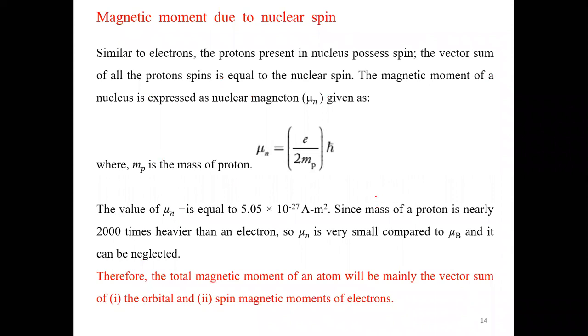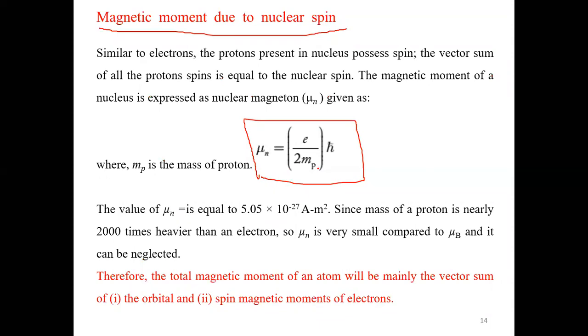Okay, so now the magnetic moment due to the nuclear spin. As I have said, the nucleus contains protons, so due to that it has some moment as well. If you calculate the magnetic moment of the proton, or of the nucleus, it will be the same thing, e h cut by twice m, but in this case it will be the mass of the proton. And you know the mass of a proton is about 1840 times, or almost 2000 times, heavier than the electron.